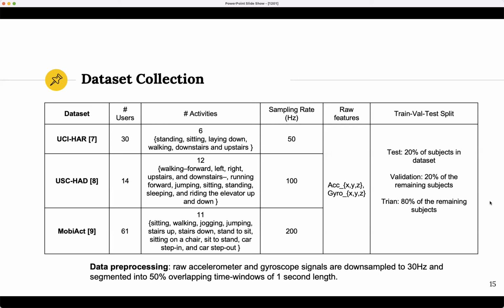Actually, this number 13 hertz will vary in different papers. How to choose the appropriate sampling rate is unknown. And also they segmented those raw data into 50% overlapping time windows of 1 second length.